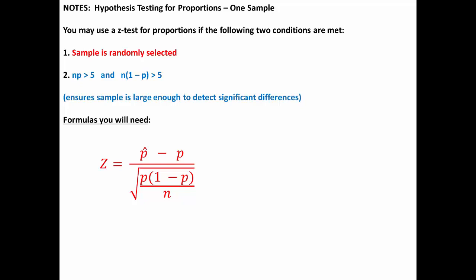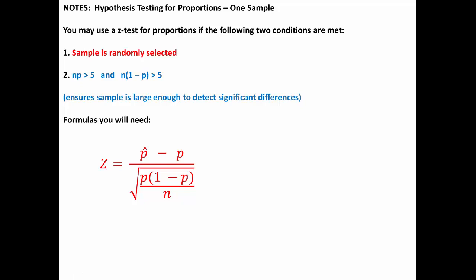So p hat is the proportion of some sample compared to the proportion of the population. This is a statistic. This is a parameter. Those are common terms that we've been talking about for almost 4 weeks now since we started confidence intervals. So basically you write this percentage down and then you proceed.